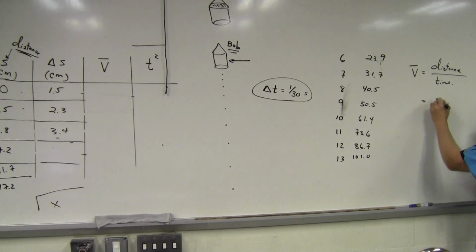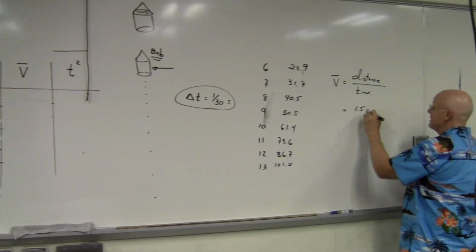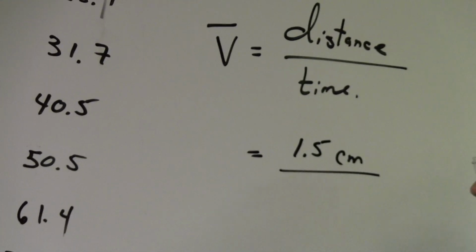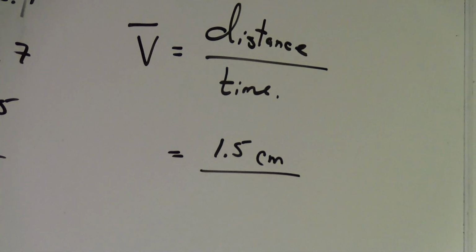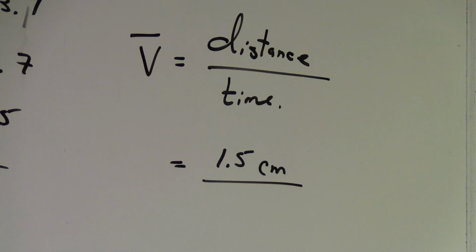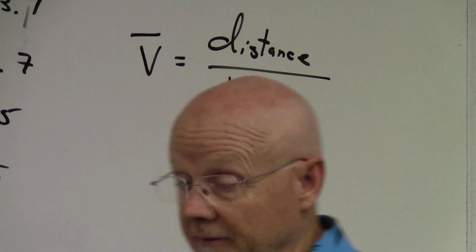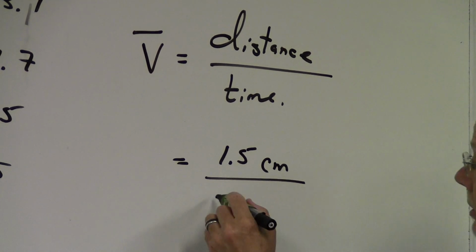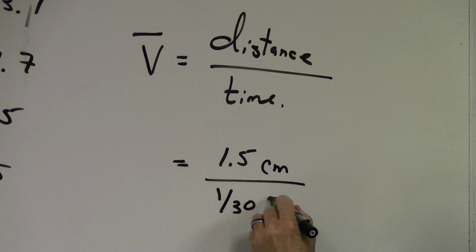My distance would be 1.5 centimeters. And my time then would be 1/30th of a second. And so I will put 1/30th of a second.